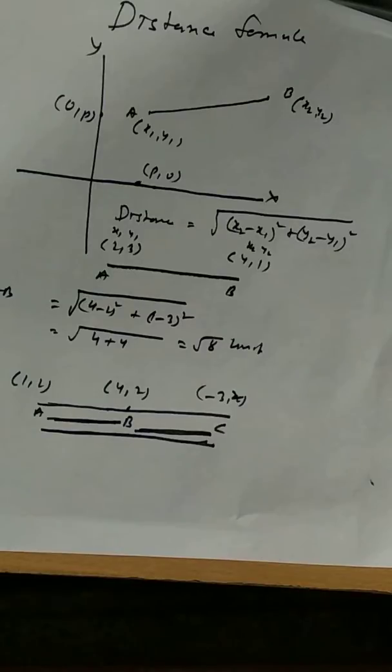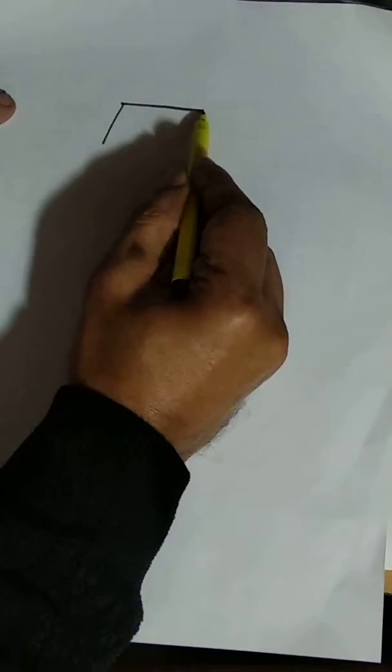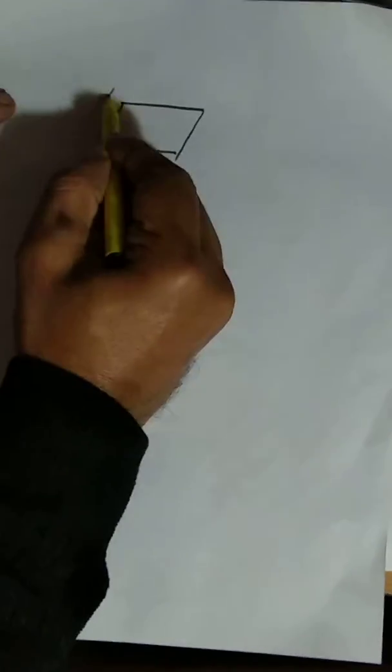Now, what other questions can be asked on this particular concept? They can give you 4 points and ask whether these 4 points together form a simple quadrilateral or a parallelogram or a square or a rectangle. Now, the property of a parallelogram, as you are well aware, is that it has its opposite sides equal.